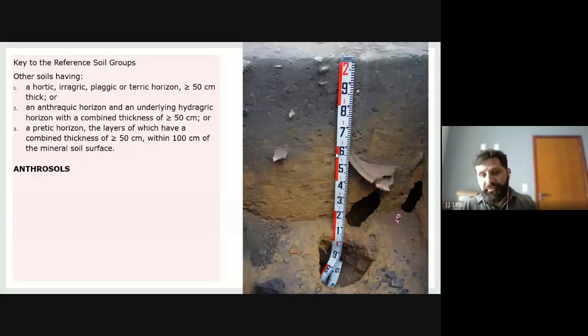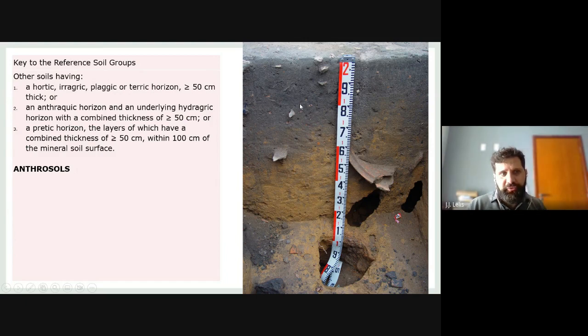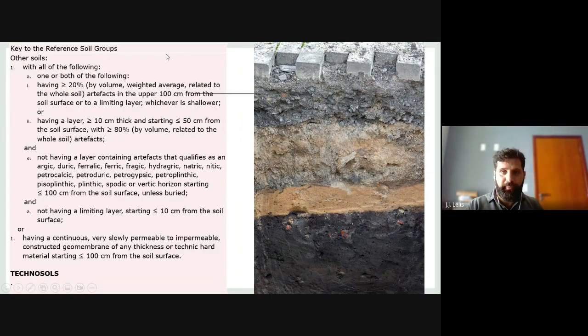This is another anthrosol because in this case, I have a pretic horizon with something like 60, no, this type is very hard to read. Yes, yes, 20, okay, it's 19, okay. So I have a very thick pretic horizon where I can find this ceramic, these artifacts, and because of that, this is an anthrosol too.